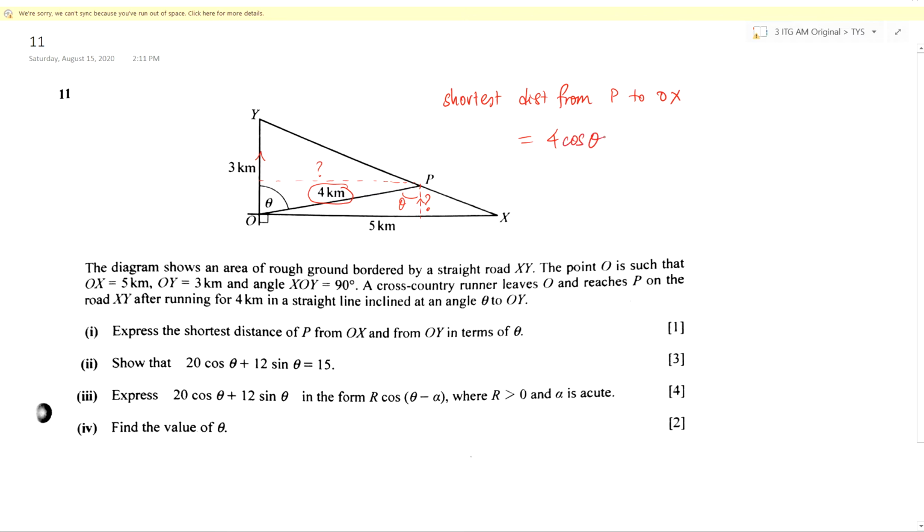Okay, all these came from, if we were to call this h, so cosine theta is equals to the adjacent, h over 4. Therefore, h is 4 cosine theta. So similarly, shortest distance from P to OY will be the same hypotenuse, but now it will be sine of theta.